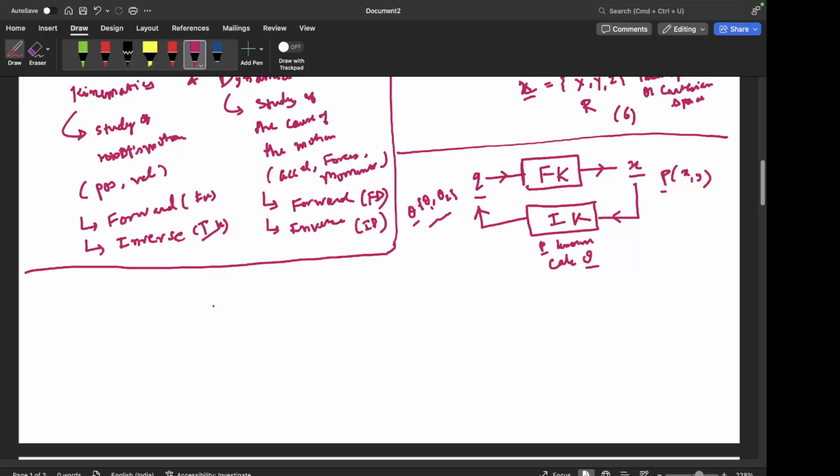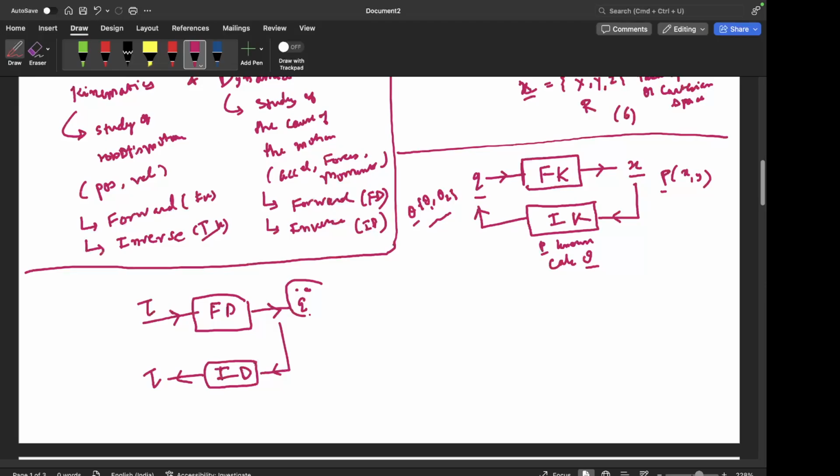And similarly, we have forward dynamics and inverse dynamics. So in forward dynamics, we know the joint torques and we calculate the joint accelerations. And in inverse dynamics, we know the joint accelerations and we calculate the joint torques.